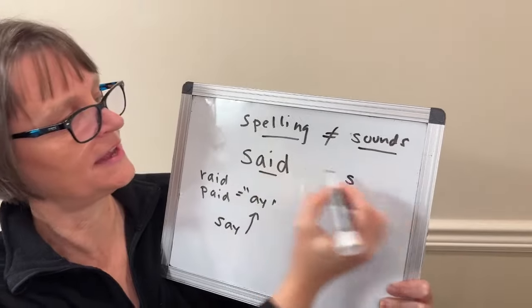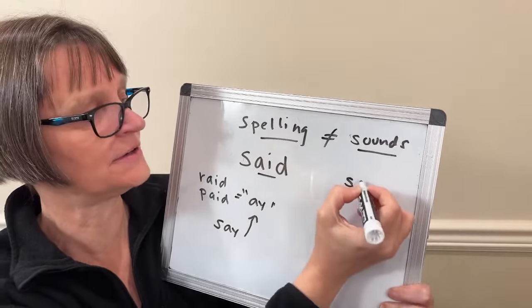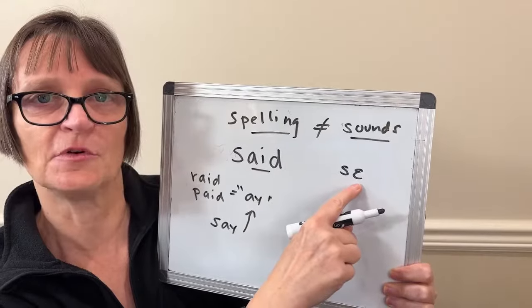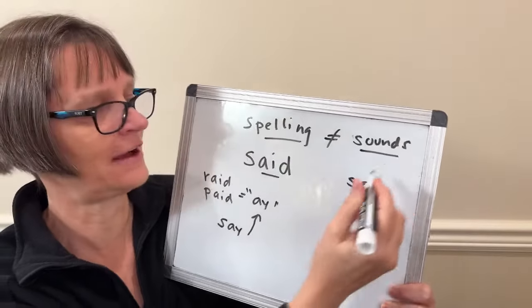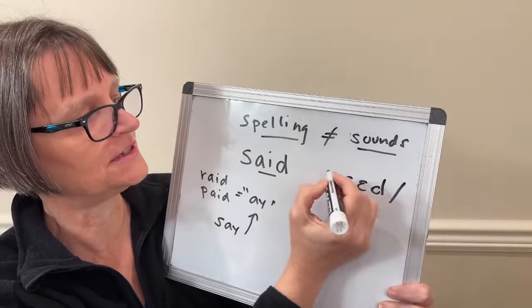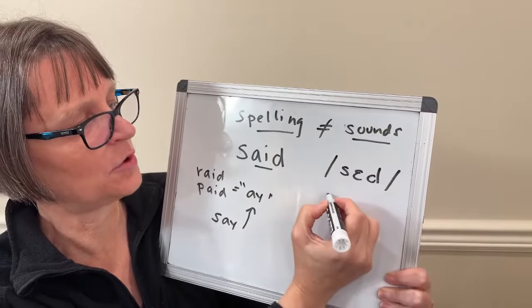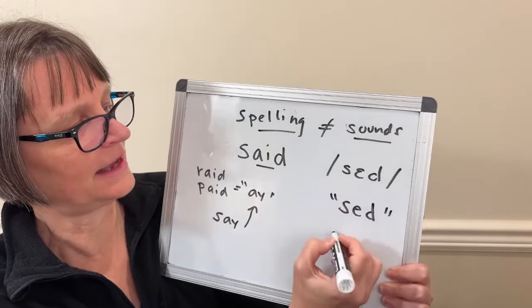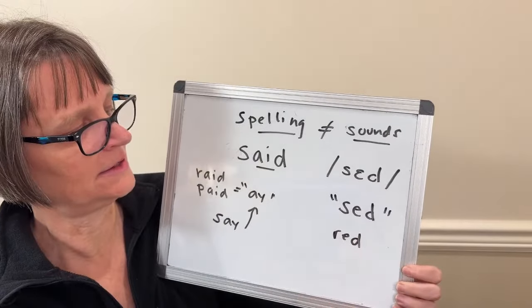We have this, and then we have the E sound, which in the IPA, or in the dictionary, you'll see is this symbol for E. I call that the red tent vowel. And then we do have the D sound. So it sounds more like said, as in red or bed.